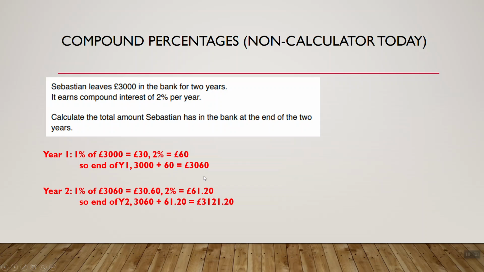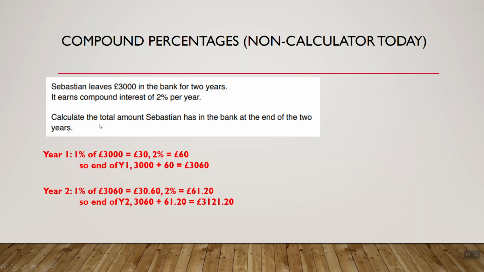Now, when it comes to the second year, the 2% interest isn't calculated on £3,000 now, it's calculated on £3,060 because that's what's in the account. So 1% of 3,060, divided by 100, is £30.60. We want 2%, so we double it, and then we add that value on to what was there at the start of the year. So at the end of 2 years, the amount of money in the account is £3,121.20.